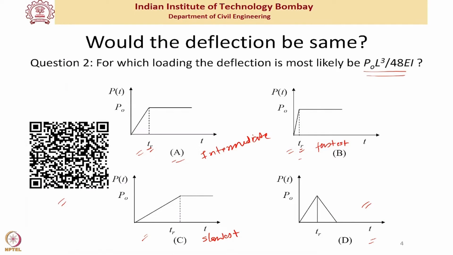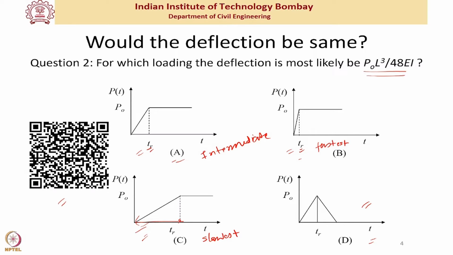What you would see is that out of these three, the loading that has the largest rise time would give you a load which is closest to being a static load, and we'll see why.